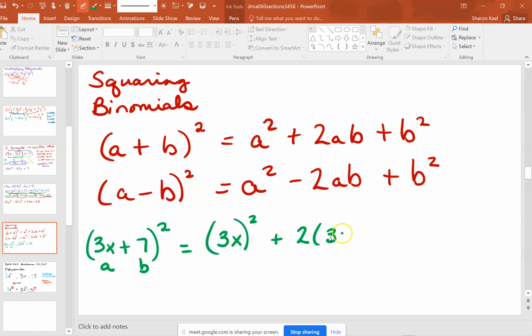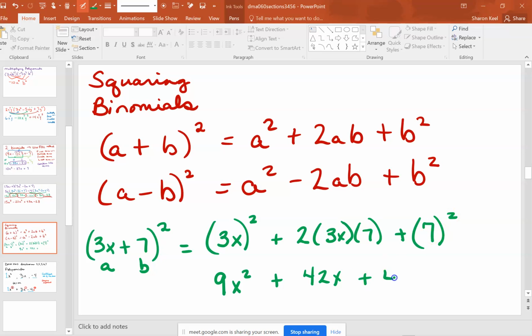My a is 3x, my b is 7. And then the b squared, my b is a 7. I would take that term and then square it. To get your final answer, 3 squared is 9, x squared. Here, 2 times 3 is 6, and then we would have 6 times 7 would give us 42x, and then the last term, 7 squared, would give us 49.